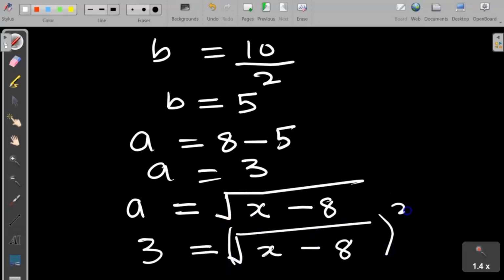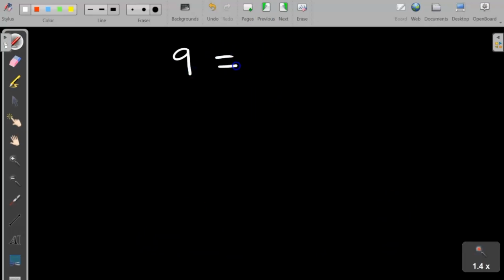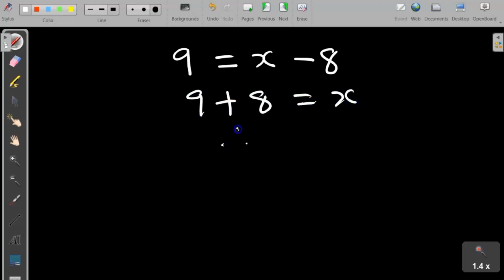Squaring both sides, 9 is equal to x minus 8. So 9 plus 8 is equal to x. Therefore, x is equal to 17.